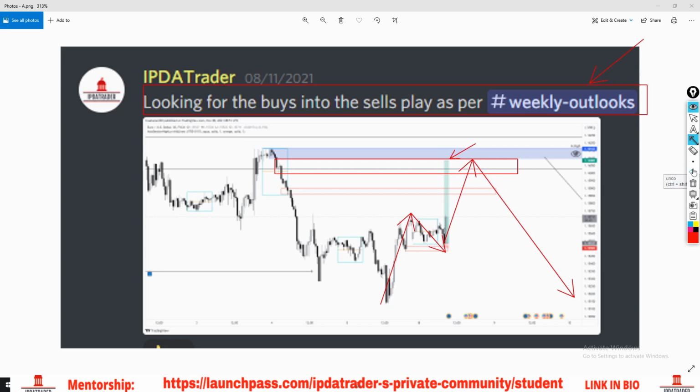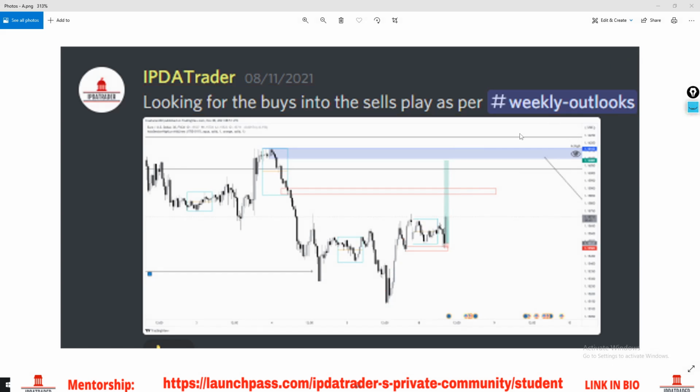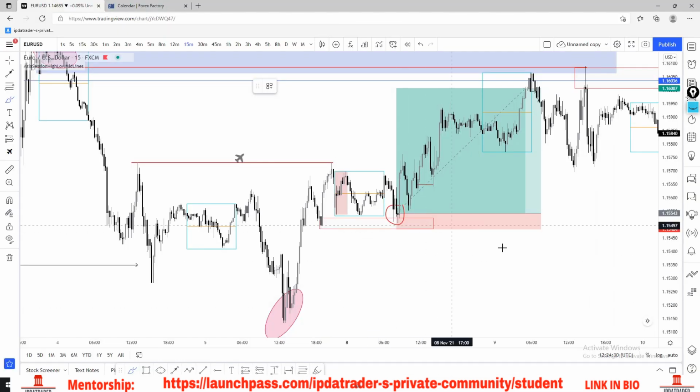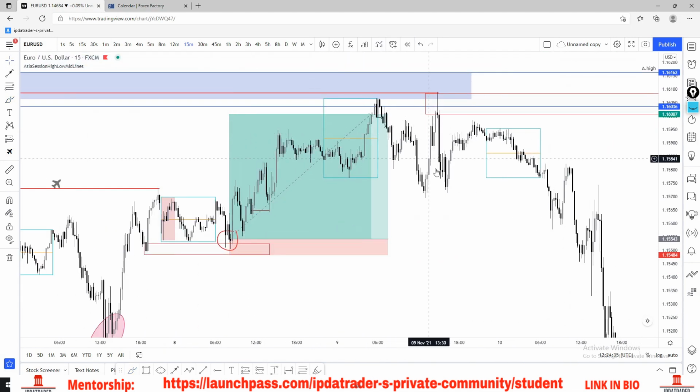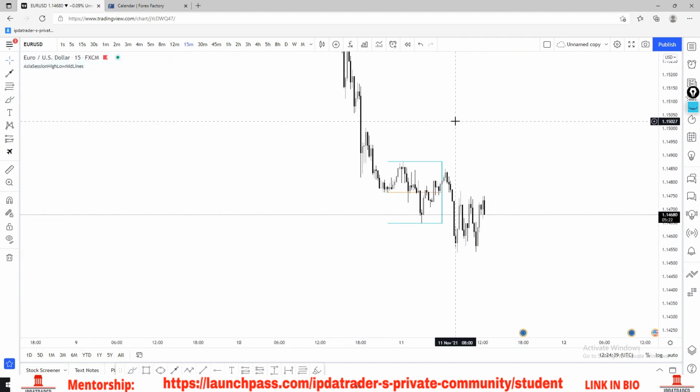And all this trade was me playing the buys into the longer term sells that actually occurred. And if we look at EURUSD very quickly, you can see where EURUSD actually sold off. If we go back to the charts, you can see that this is the same price point that EURUSD decided to turn around and continue melting lower.